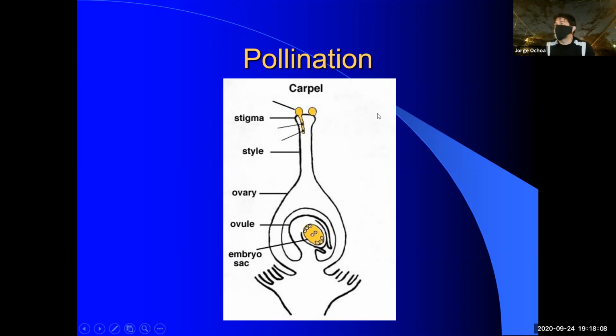So the pollen is nothing more than a packet that is going to have several cells inside. So once the pollen germinates, the very first cell that comes out is going to have enzymes that are going to digest the stigma and the style, and they are going to tunnel their way from the stigma through the style all the way to the entrance of the ovary.